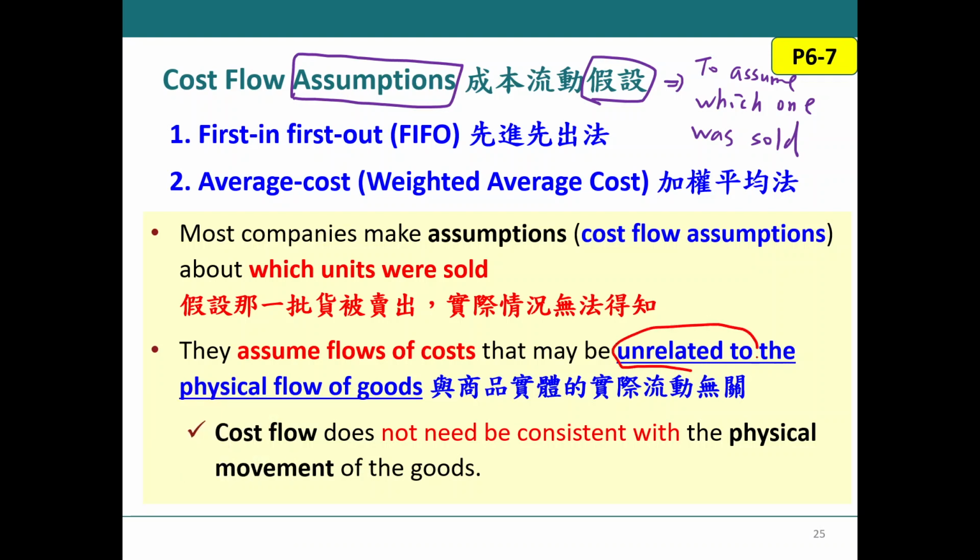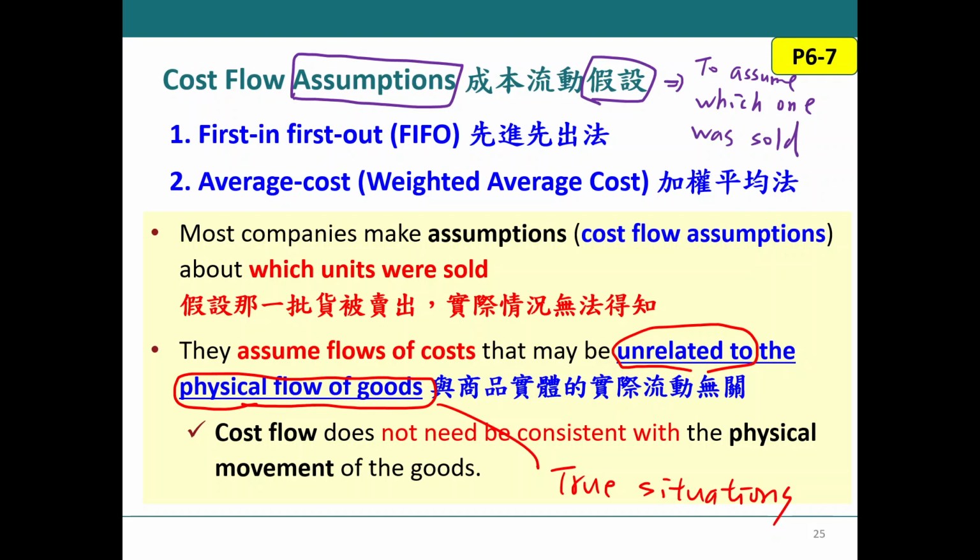So these two methods are two assumptions. Each one, they assume a different situation.